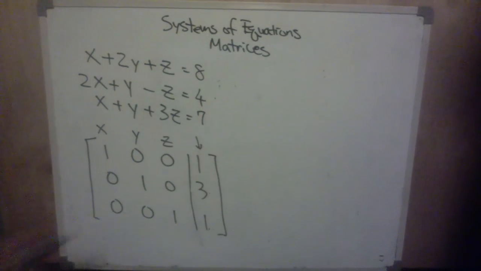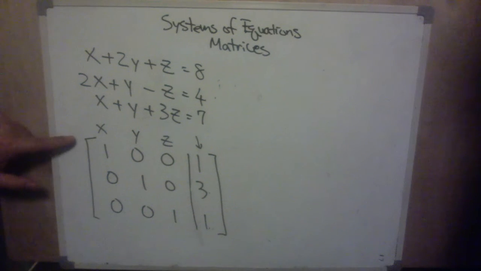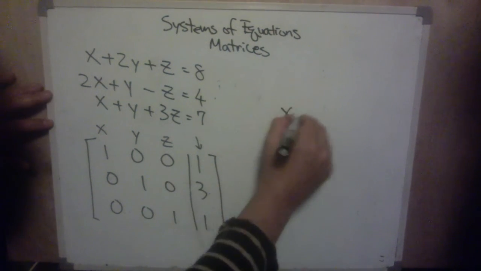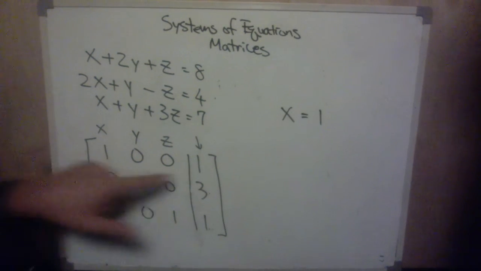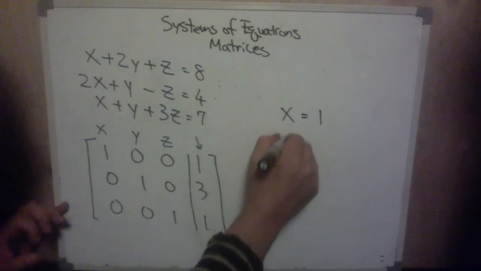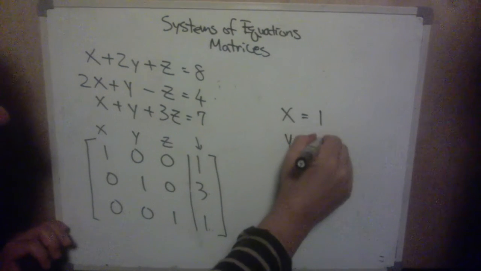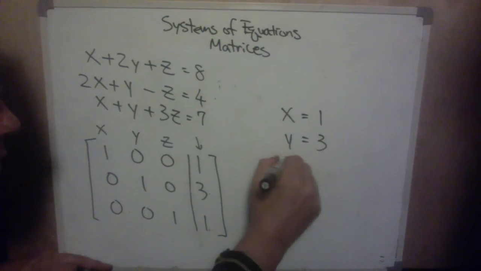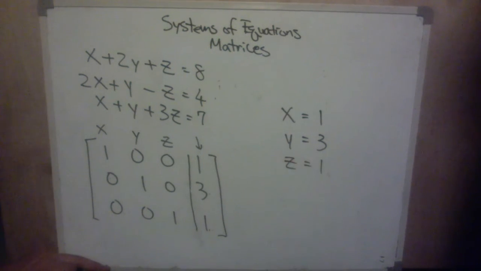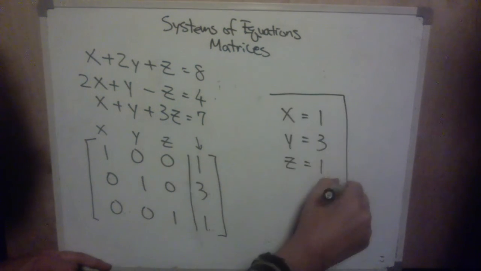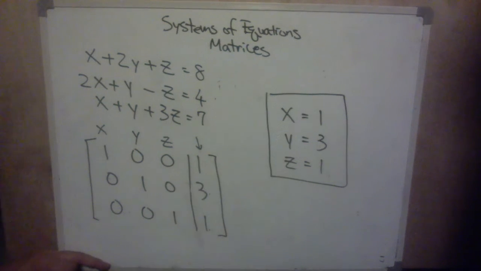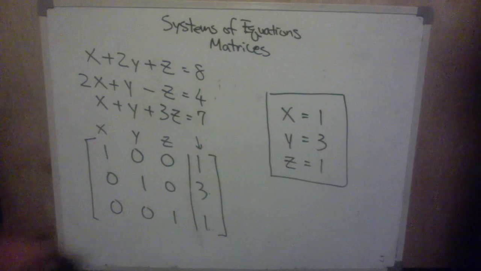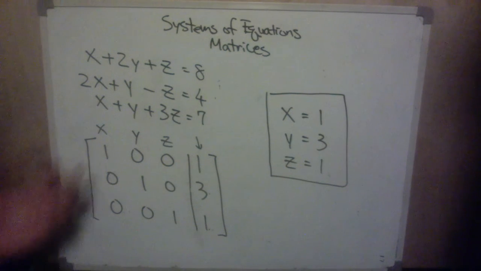And so I can say that x then is equal to 1, and y is equal to 3, and z is equal to 1. Like that, and that is our solution for this system of equations. And that is how you solve a system of equations using matrices.